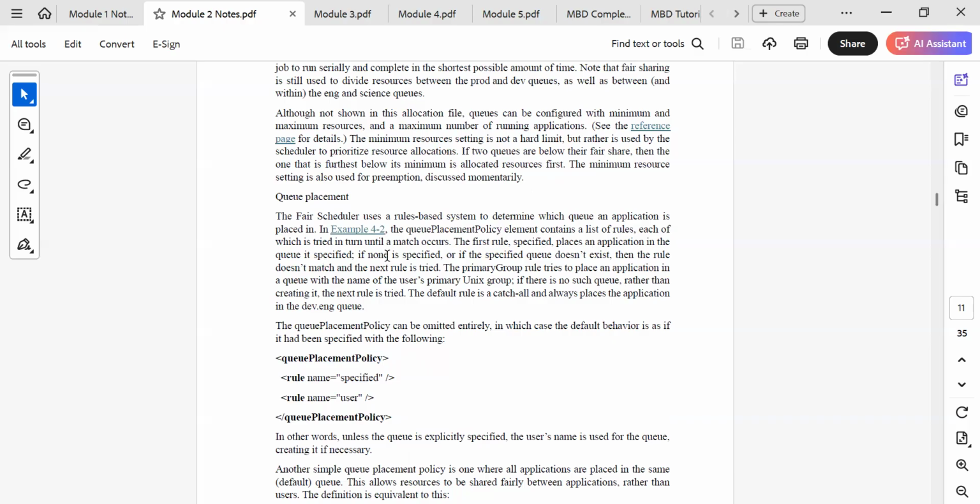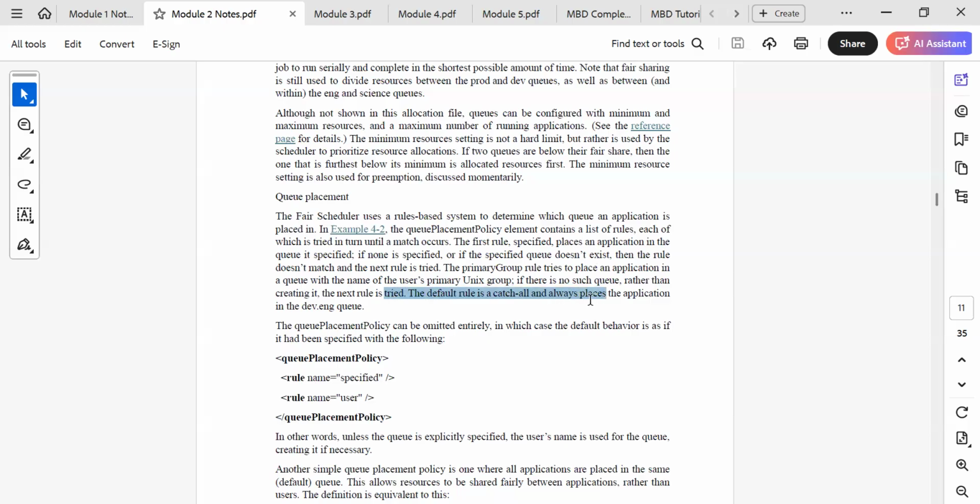The first rule, specified, places an application in the queue it specifies. If none is specified, or if the specified queue doesn't exist, then the rule doesn't match and the next rule is tried. The primaryGroup rule tries to place an application in a queue with the name of the user's primary Unix group, maybe Linux cgroup, I think.